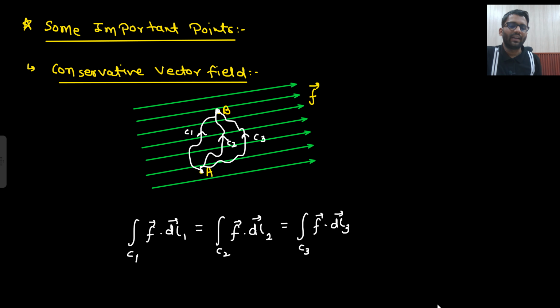So if my vector field F is conservative, then line integration across any path between 2 points will always be the same.